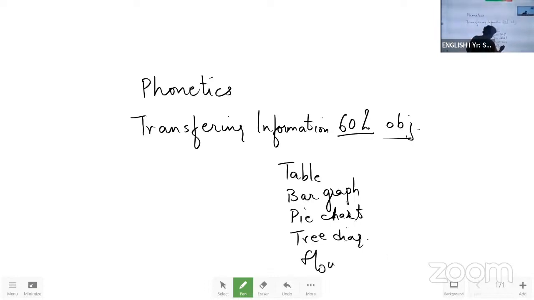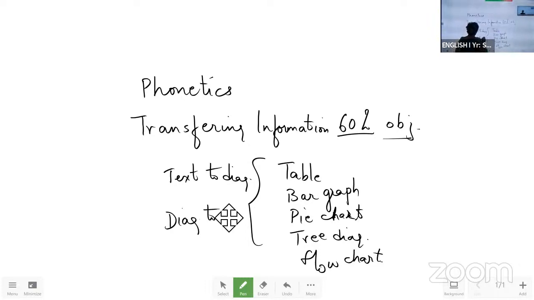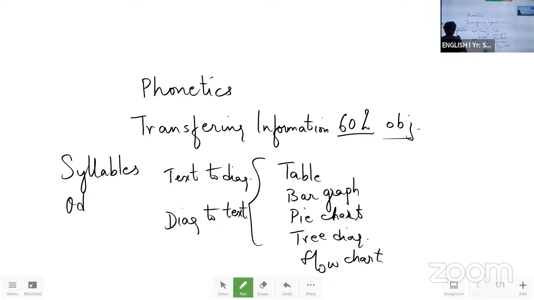All this you have done in school, but not as a text to diagram or diagram to text. You have a choice in this. We shall discuss this later. But like I said, phonetics, transferring, and some people have said that they haven't come across syllables and odd sounds.